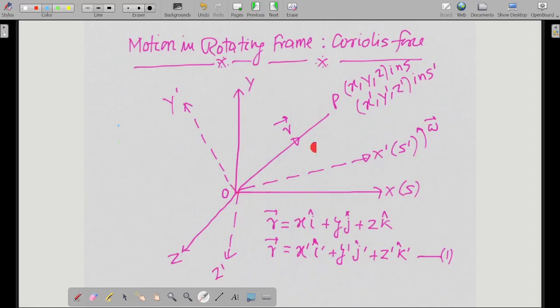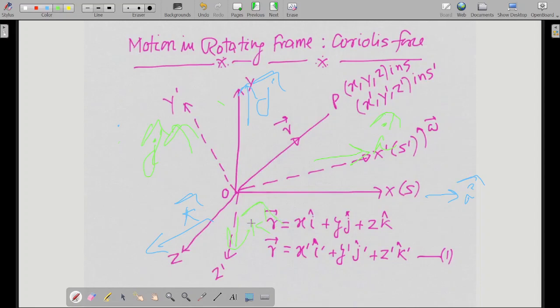Now this r vector has a position x i cap plus y j cap plus z k cap with respect to S, because in the direction of x it will be the i cap direction, over here it will be the j cap direction, over here it will be the k cap direction. Similarly, the direction along this will be i dash cap, along this will be j dash cap, and along this will be k dash cap.